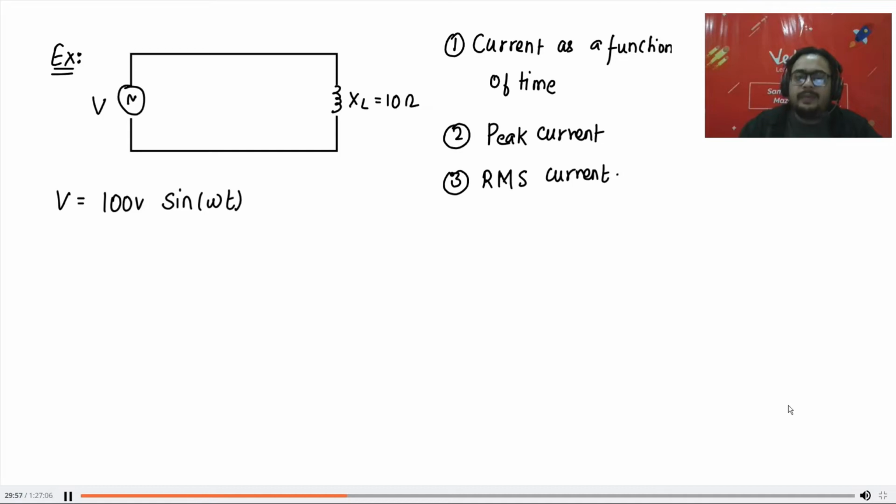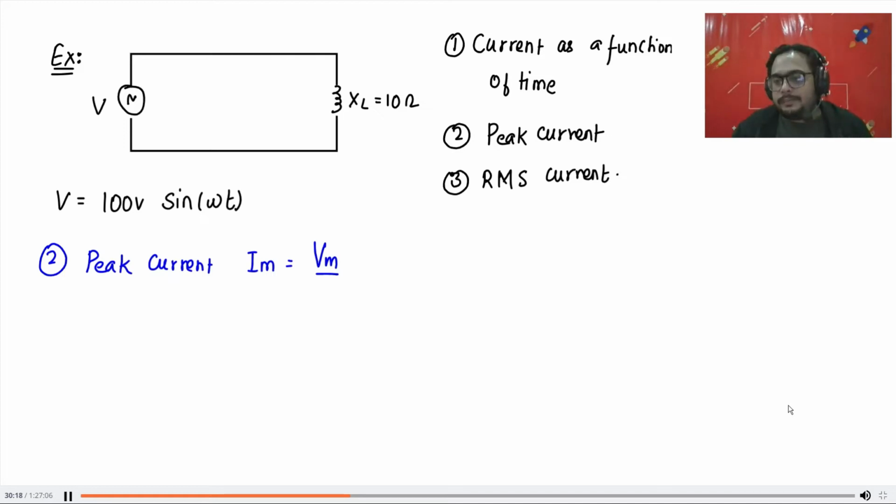Okay, we can very easily do it. So what do we know? What will be the peak current? First of all, I'll calculate the peak current, which is Im. Im should be Vm by, in place of resistance, what will come?